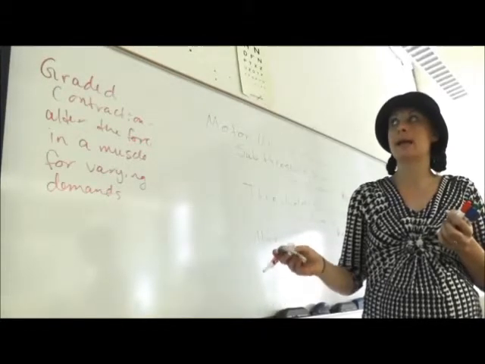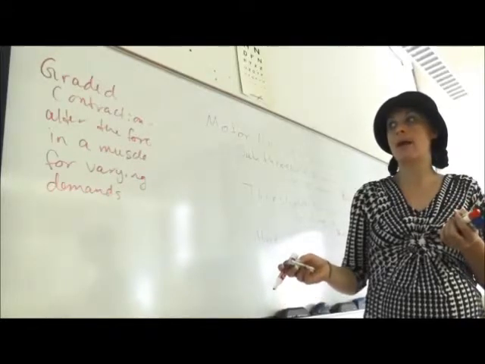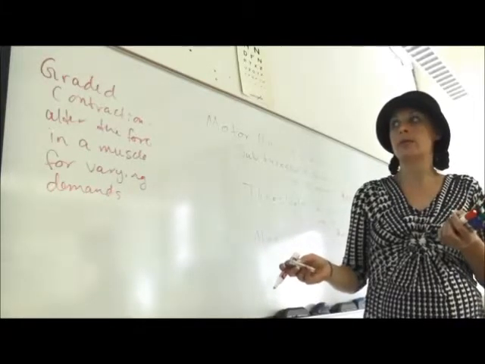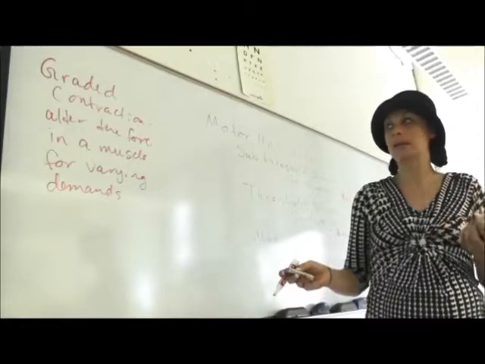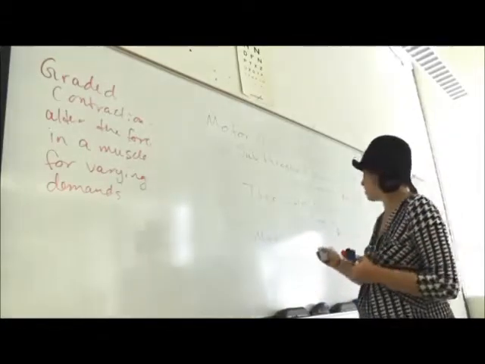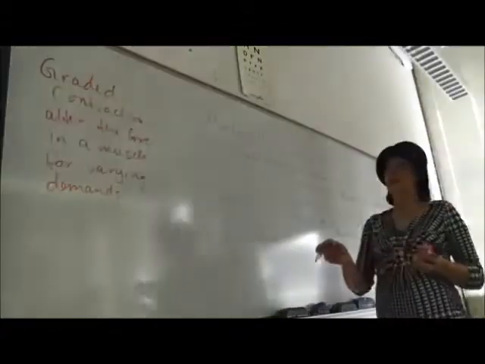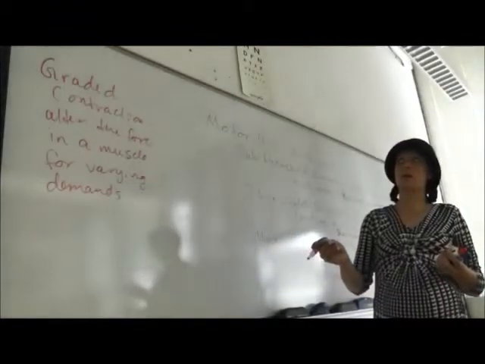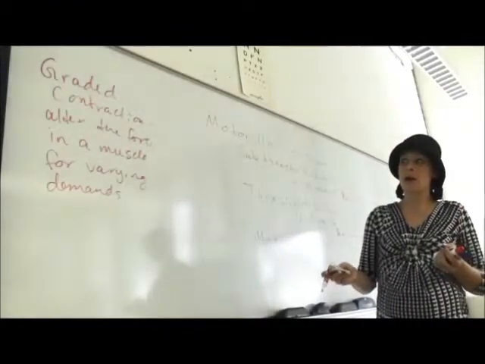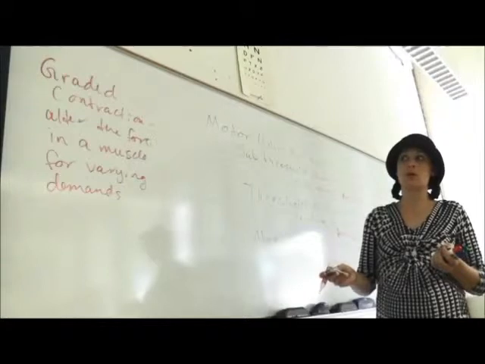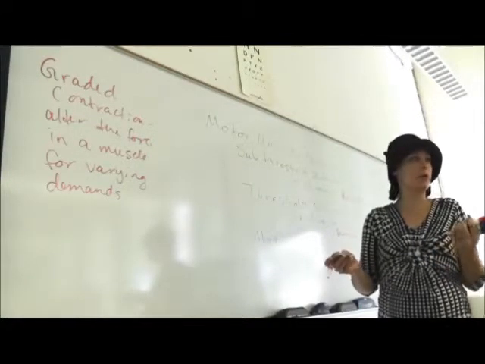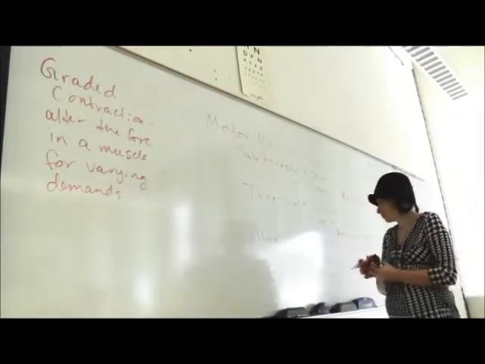Now we let it relax, and I hit it with 8 millivolts. Well, I don't have any more motor units to recruit, so it's going to produce the same maximal level of tension. So our maximal stimulus is the level that recruits all of the motor units in the muscle, so the last ones to be recruited are the least sensitive.